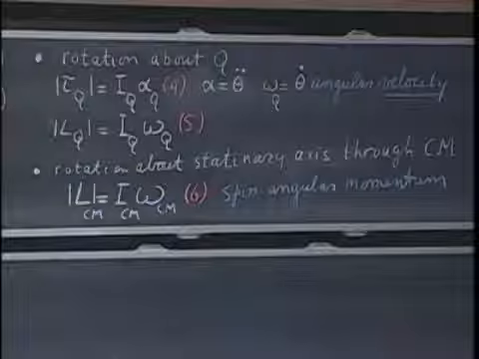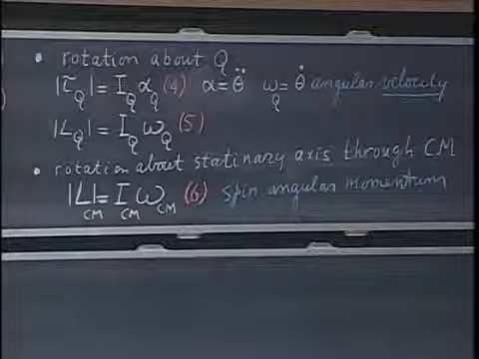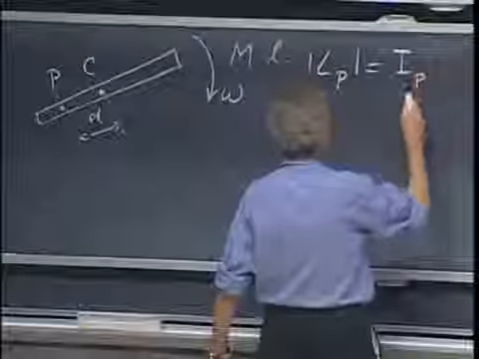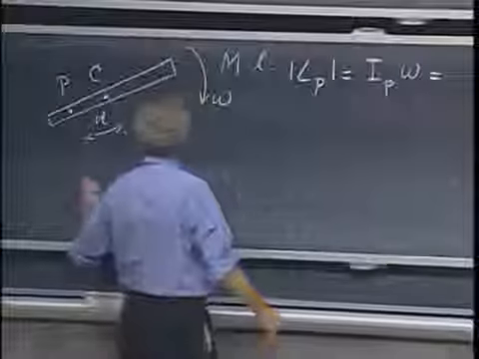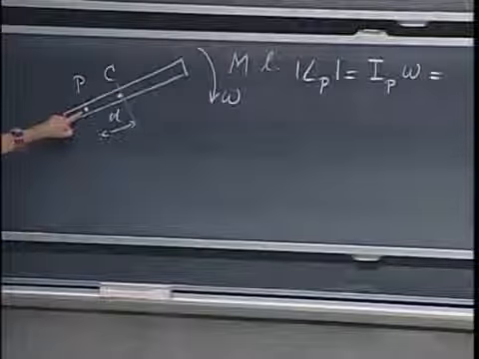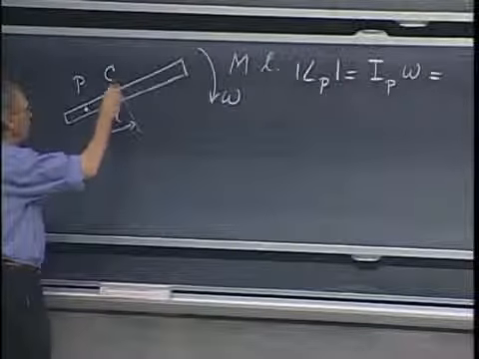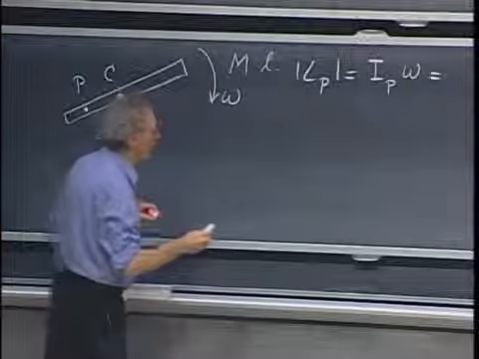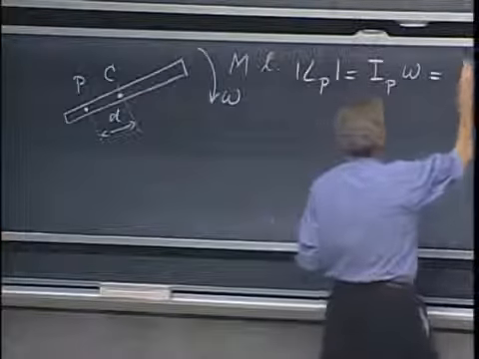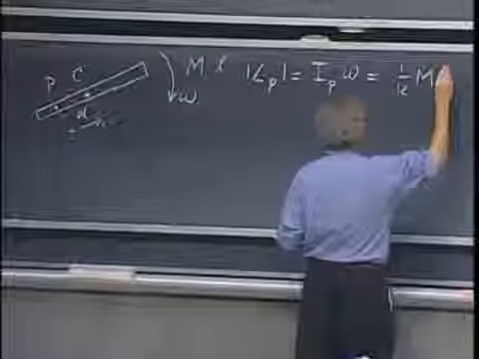And for that, I go immediately to equation 5. So that tells me that it is the moment of inertia about that axis through point P times omega. I remember the parallel axis theorem. I know that the moment of inertia for rotation about the center of mass through this axis perpendicular to the blackboard equals 1/12 m L squared.